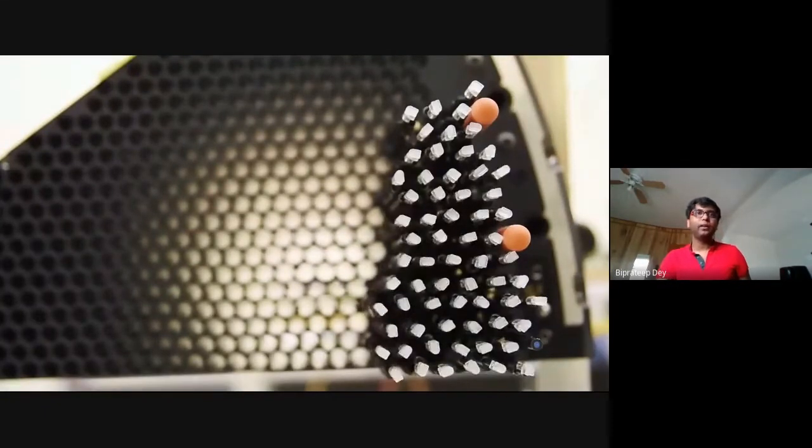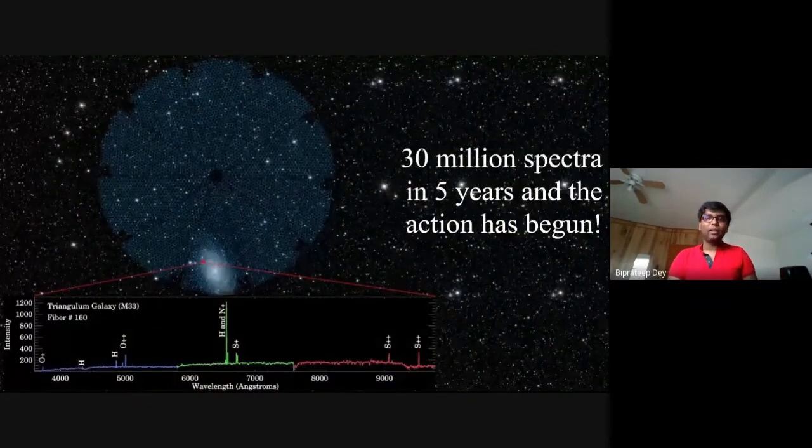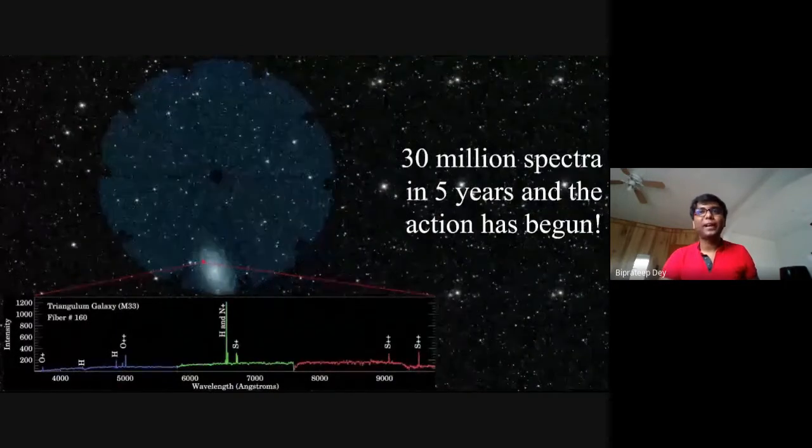Just to put things into perspective, the Sloan Digital Sky Survey could take the spectra of a couple of million objects over the span of 1 decade, or close to 12 years. On the other hand, DESI plans to observe spectra of 30 million galaxies or objects in a span of 5 years, which is a huge improvement.